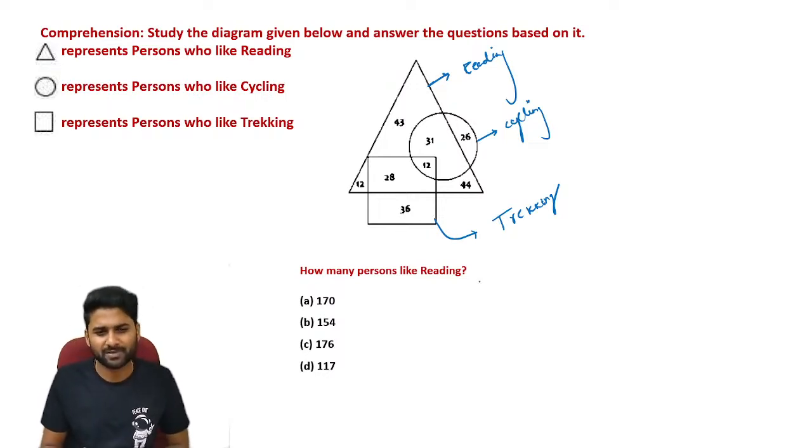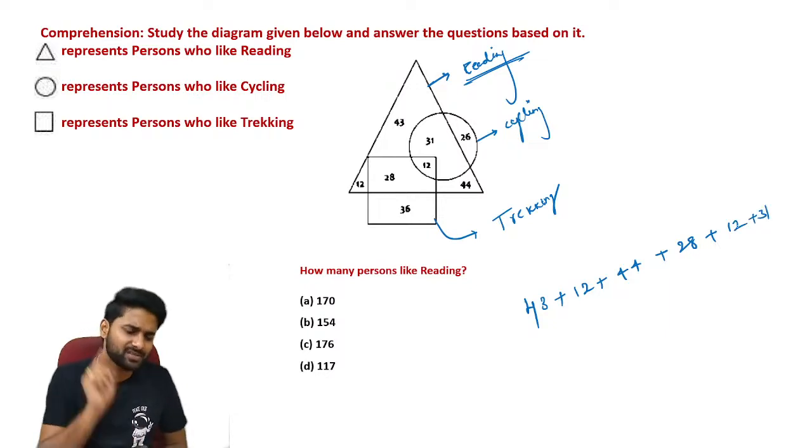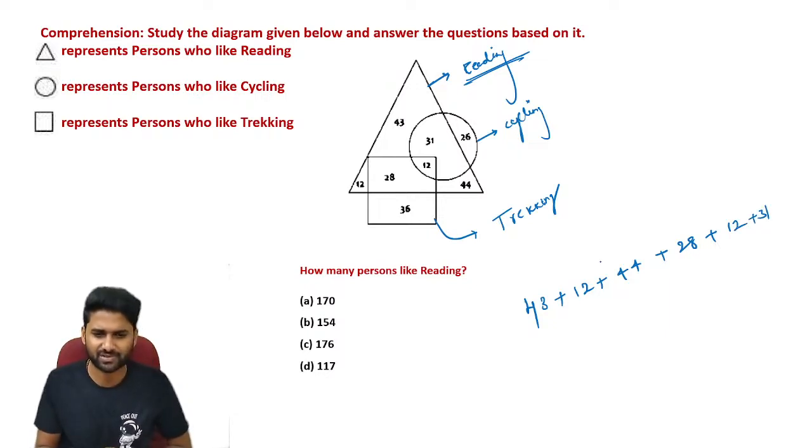The question: how many persons like reading? So they're talking about the entire triangle, reading. 43 plus 12 plus 44 plus 28 plus 12 plus 31. All the values in the triangle you have to consider for this question.